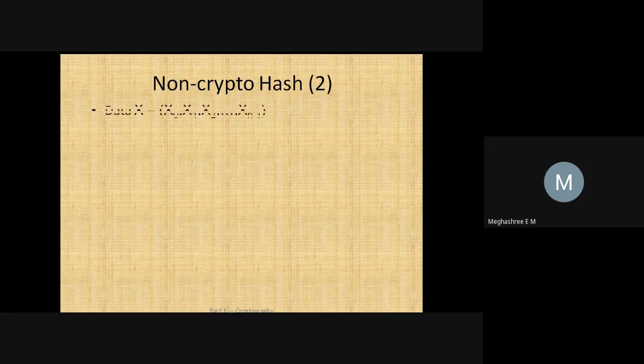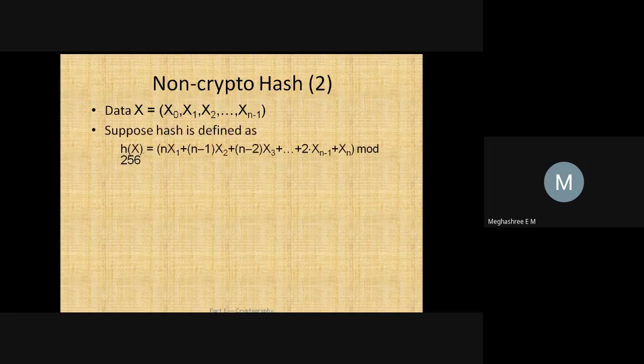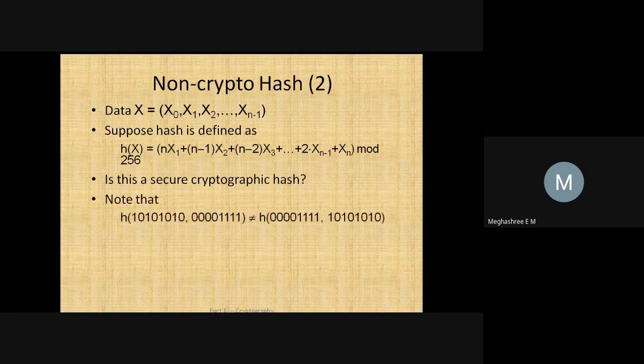Let's consider another example where I'm considering the data as x. Here the x series is considered, where I'm using the hash function h of x equal to n into x1 plus n minus 1 into x2 and so on till xn, mod 256. If this is the hash function I'm using, let's check whether it is secure.